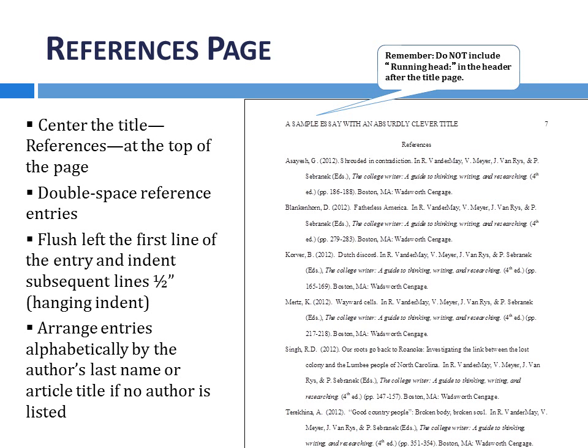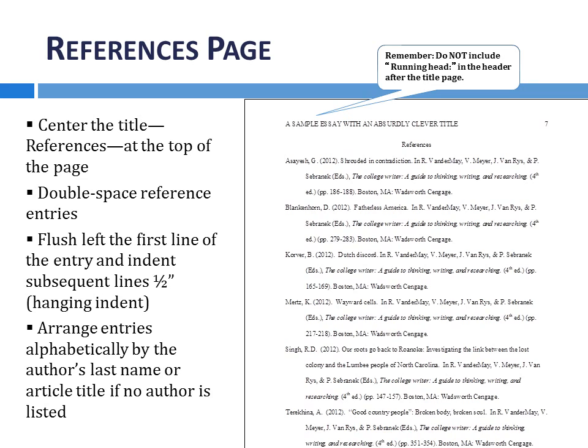The references page. This is the last section of the essay. And on the references page, once again, we still have that running head at the top and the page number on the right-hand side. You're going to center the title of this page, which is references, at the top of the page. You're going to double space your reference entries just like you are double spacing the rest of the text.